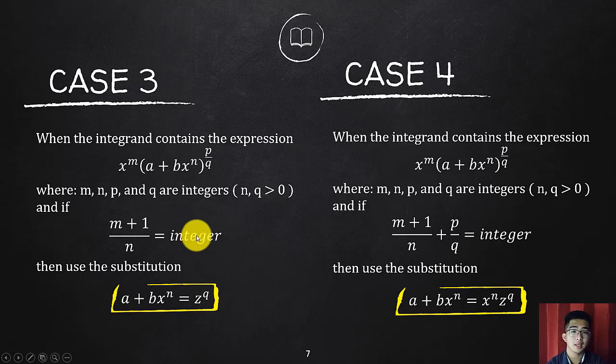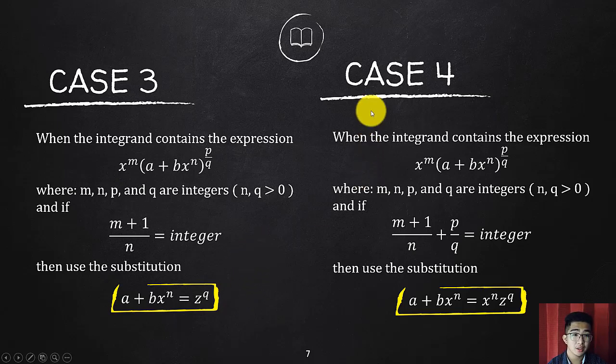When you say integer, this is a whole number and not a fraction. If this expression is a whole number, then use the substitution a plus b x raised to n is equal to z raised to q. So it's a bit complicated, but if you know the condition, then it's simple substitution.